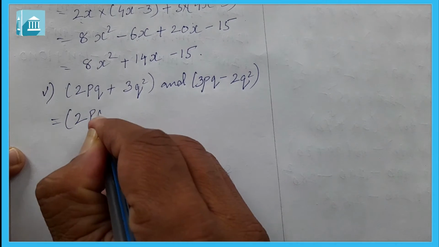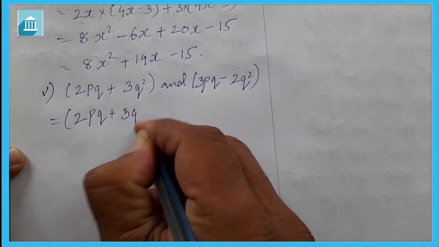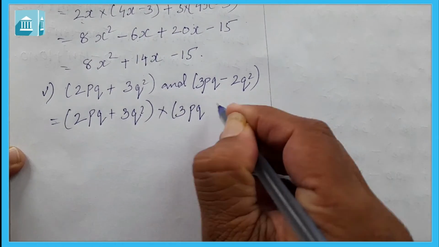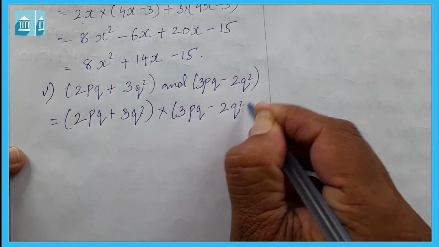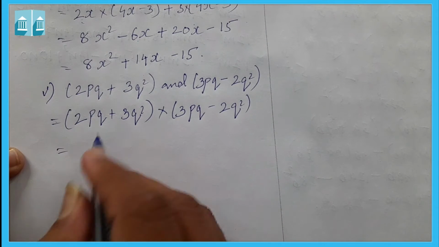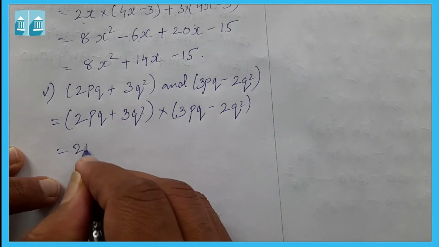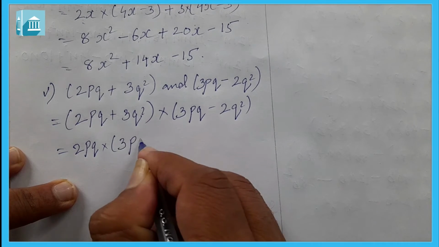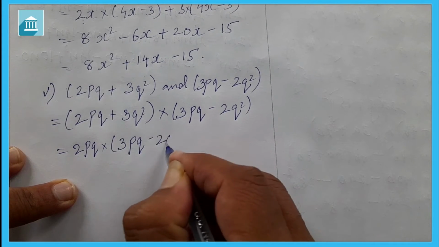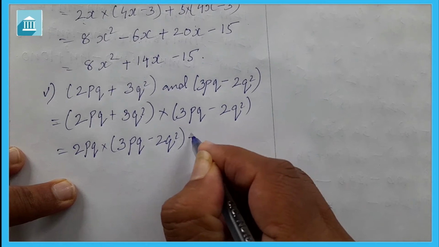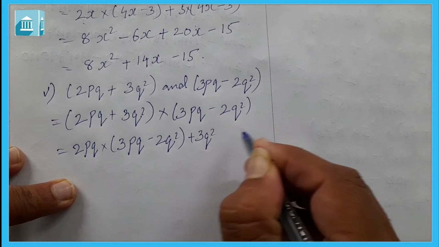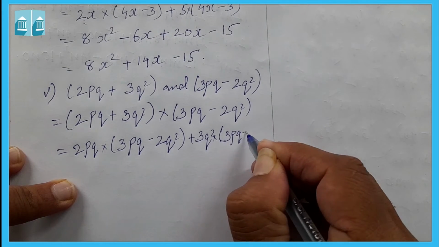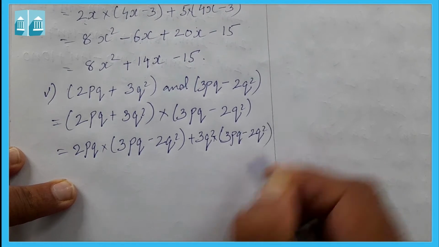It means 2pq plus 3q square multiplied by 3pq minus 2q square. Now this can be multiplied as 2pq into 3pq minus 2q square plus 3q square into 3pq minus 2q square.